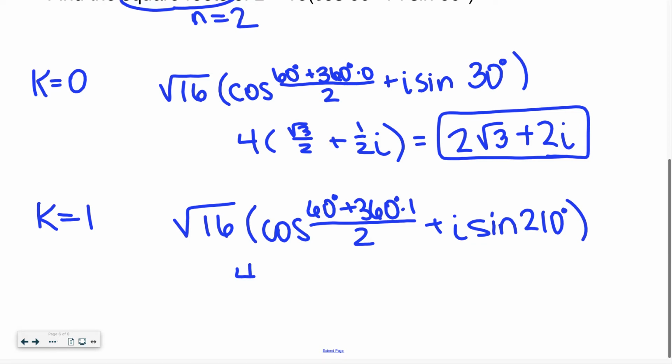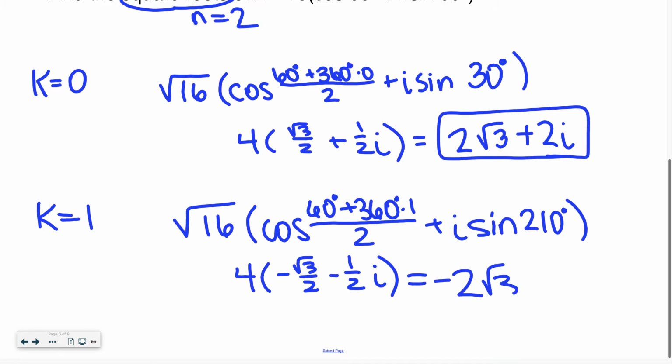So we really have 4 times the cosine of 210 plus i times the sine of 210, which gives us negative 2 radical 3 minus 2i.